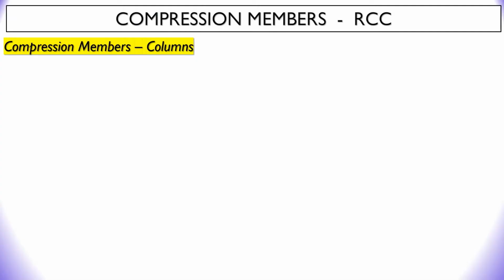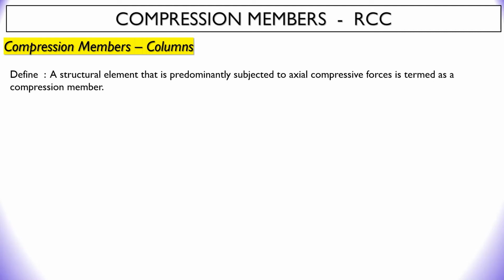Now, first of all, we have to define what is basically a compression member and what is a column. So, as a definition part, we are going to discuss. We can define a structural element that is predominantly subjected to axial compressive forces, and that type of structural element will be termed as a compression member.